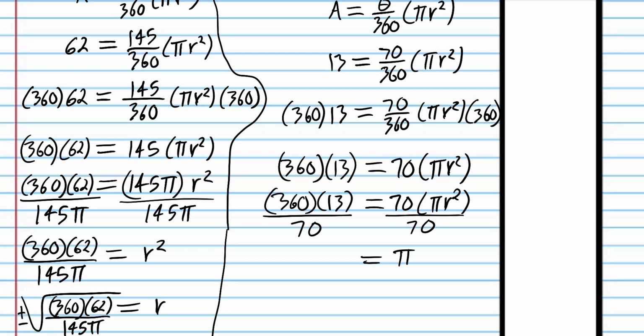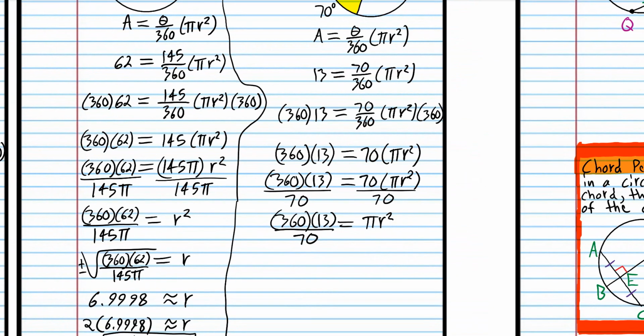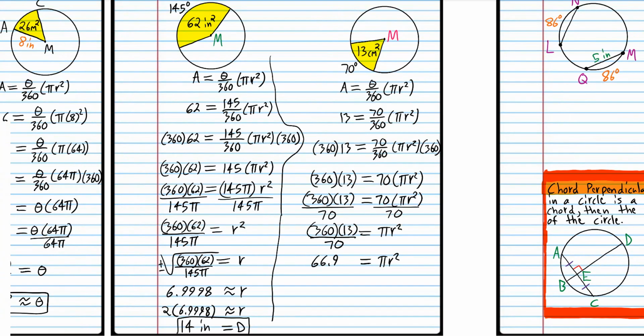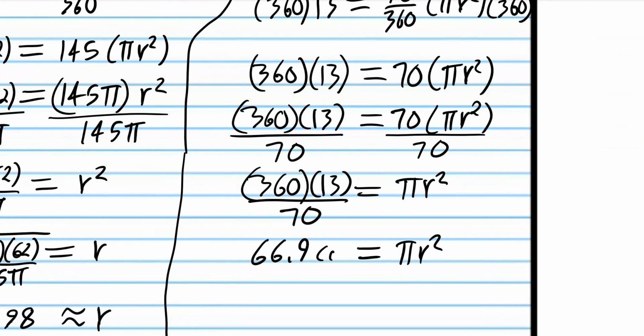And we get pi r squared is equal to 360 times 13 divided by 70. And in your calculator, 360 times 13 equals, divided by 70 equals. And if you round off to the nearest tenth, we get 66.9. So pi r squared is equal to 66.9, and that should be in square centimeters.